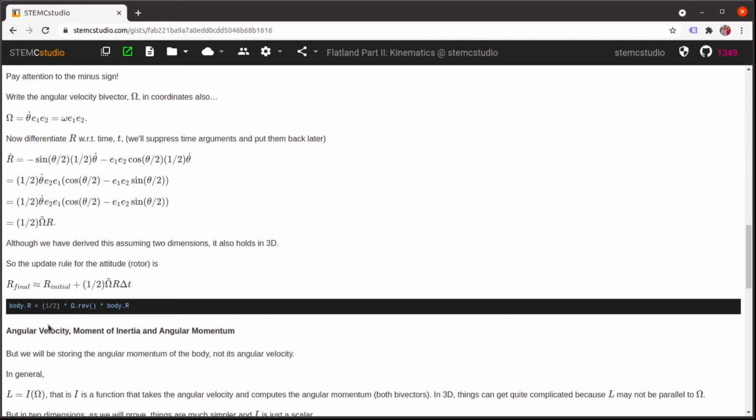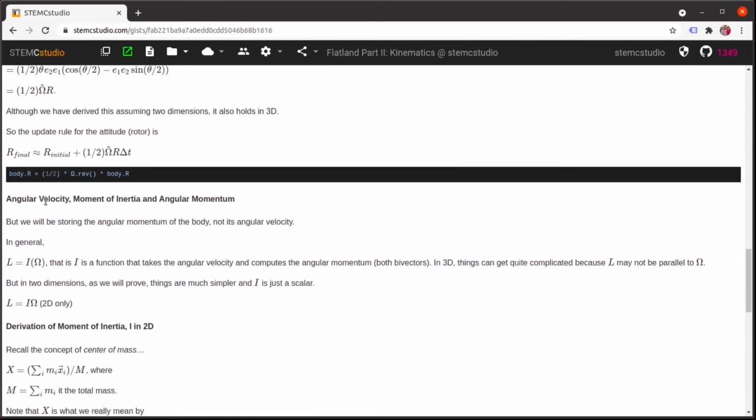So body dot r is equal to, oh, I think I've missed out the body dot r plus this. Okay, so we should do that. I'll leave it for right now again.